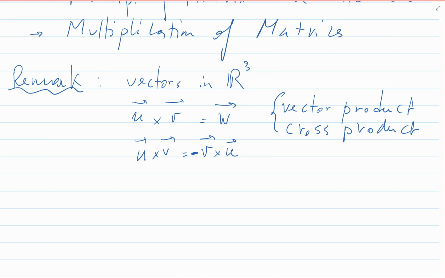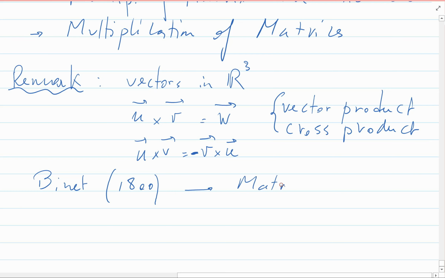So in the case of matrices, it's the same problem. It was done by a French mathematician, his name is Binet, around 1800 and something. And the way he looked at it, he looked at a matrix as just a form or a representation of a linear transformation.